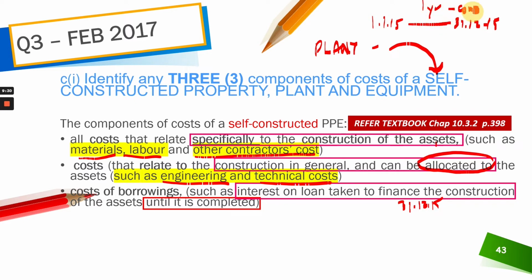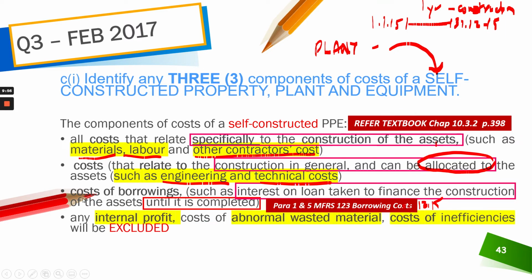Look at when is the construction period. 1 year construction, right? So within this period, you are going to include that as part of the cost of the PPE. So that will be capitalized. However, after the construction period, the interest incurred will be expensed. That is in line with paragraphs 1 and 5, MFRS 123 Borrowing Costs.